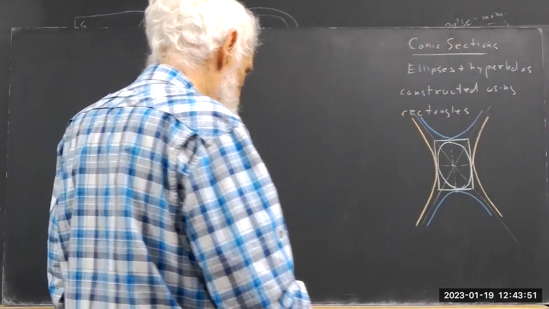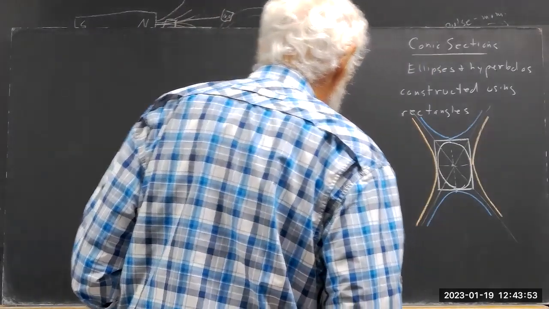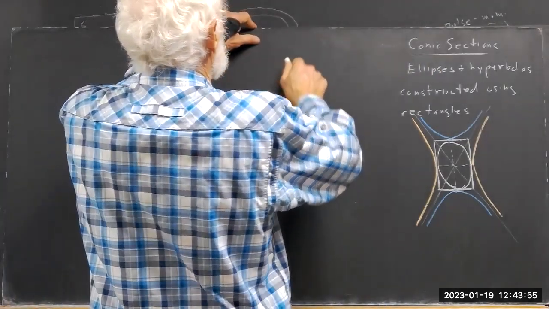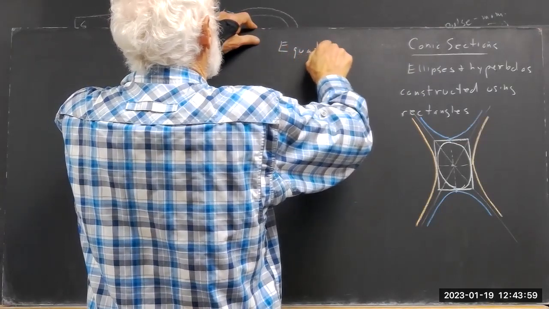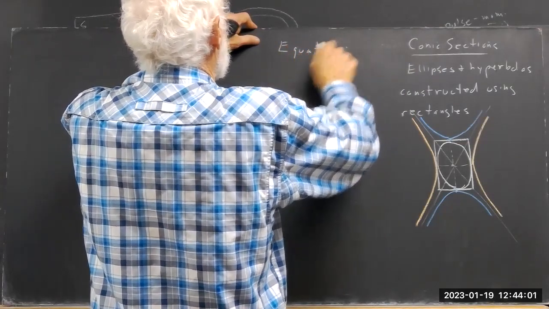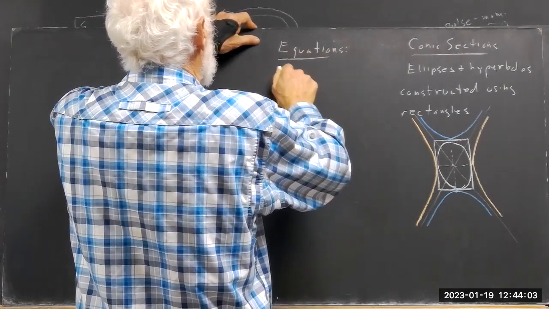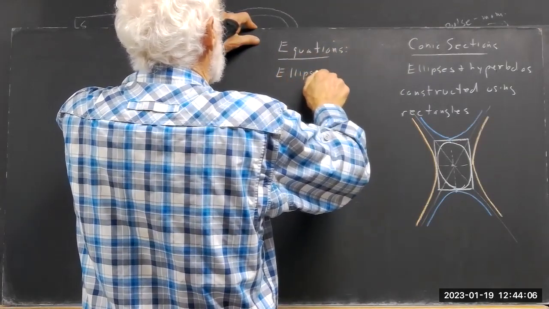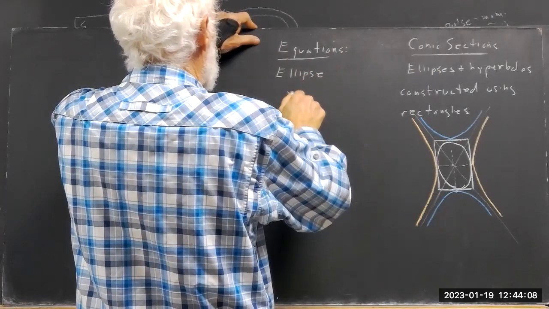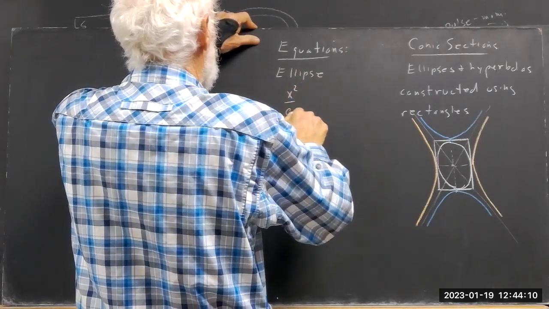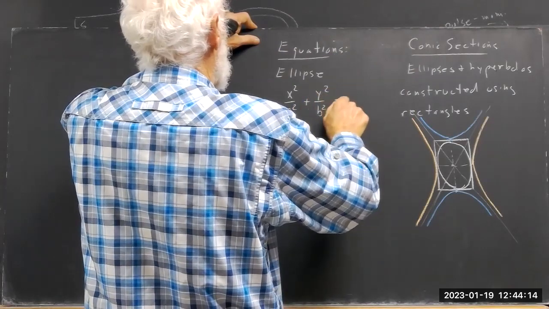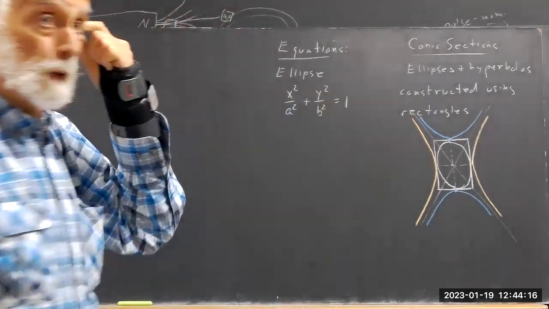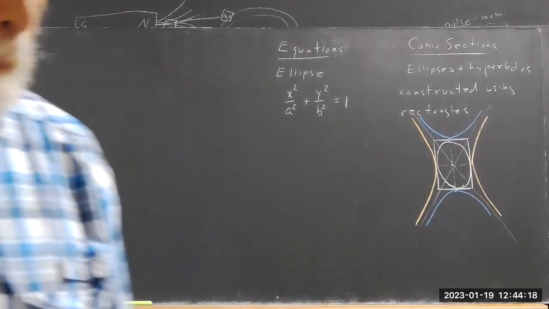Okay, now to construct it. For an ellipse, x squared over a squared plus y squared over b squared equals 1.